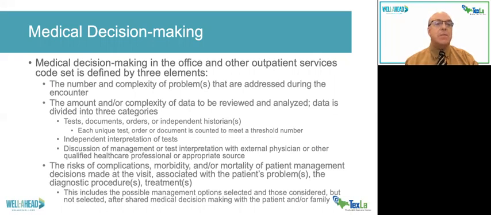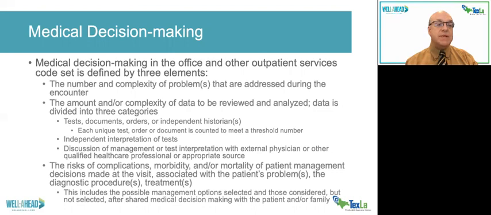The amount or complexity of data to be reviewed and analyzed is actually divided into 3 different categories. So category 1 is you could have tests, documents, orders, or getting information from independent historians.